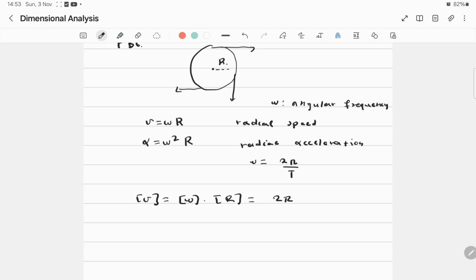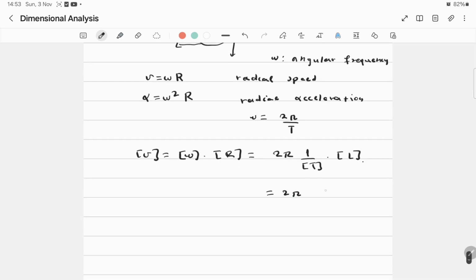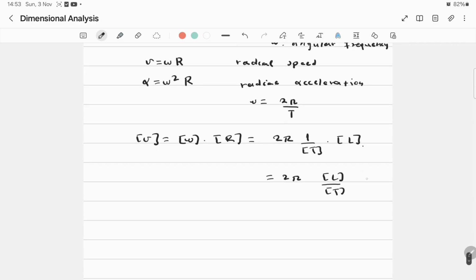So it's 2 pi 1 over bracket t times distance L. So it's 2 pi L over t. So this is meter per second in SI. Okay, the dimensions are these ones for V. L over T, meter per second.